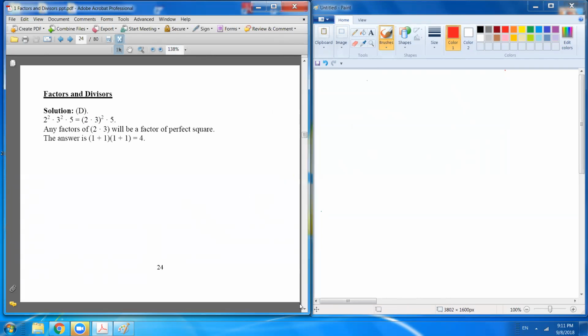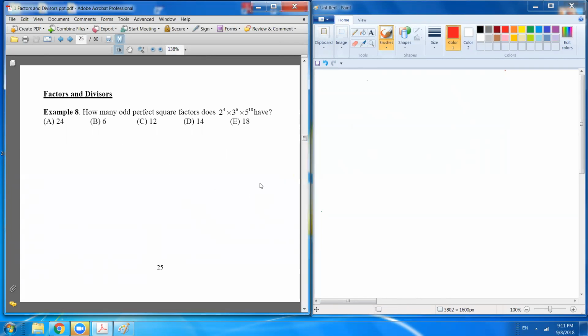Everything else will be out. This one, take a look at this one. How many odd perfect square factors? Go ahead. I see a good answer.